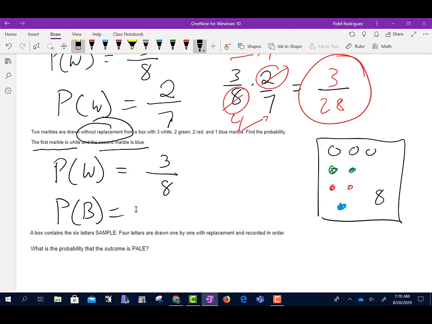Once we choose one, so we chose a white one, that was our objective, now there's only 7 marbles left. What's the probability that the second one is going to be blue? Well, there's only 1 blue marble. So I'm going to take 3 out of 8 times 1 out of 7, and that'll leave me with 3 over 56.